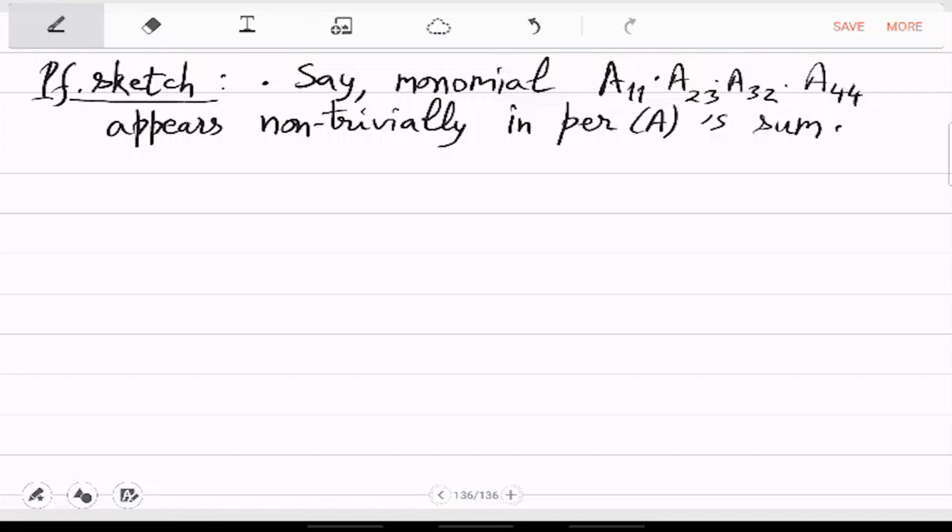The permanent definition is via a sum. So in the sum, suppose there is a product term corresponding to this permutation, which sends 1 to itself, 4 to itself, but 2 and 3 it swaps. That's the permutation sigma. We actually want to map it to a cycle cover. That's the idea.